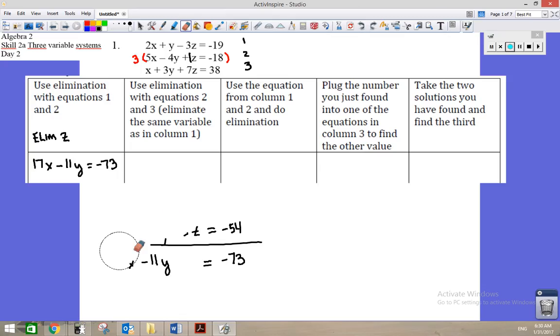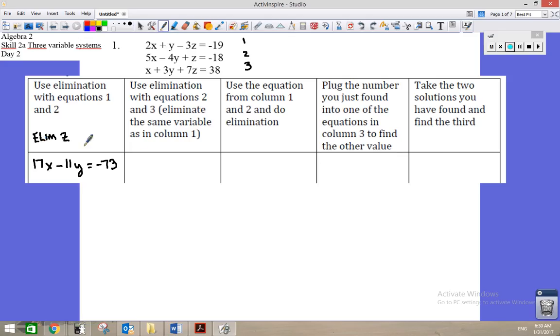Alright, so now let's look at our next column. Use elimination with equations 2 and 3. Okay, so I'm going to erase that also. With equations 2 and 3, eliminate the same variable as in column 1. We eliminated z, so we're still going to eliminate z. This is a positive 7 here in equation 3, so I would love in equation 2 for this to be a negative 7z.